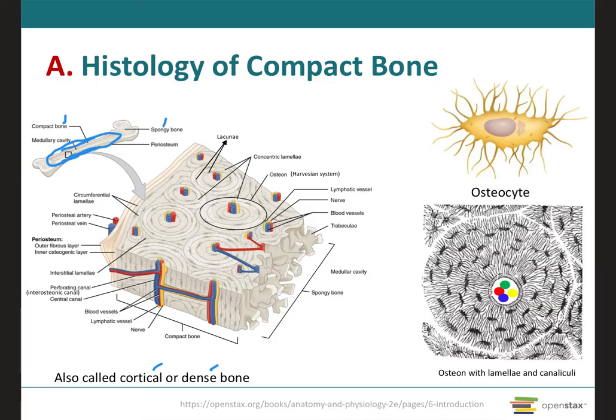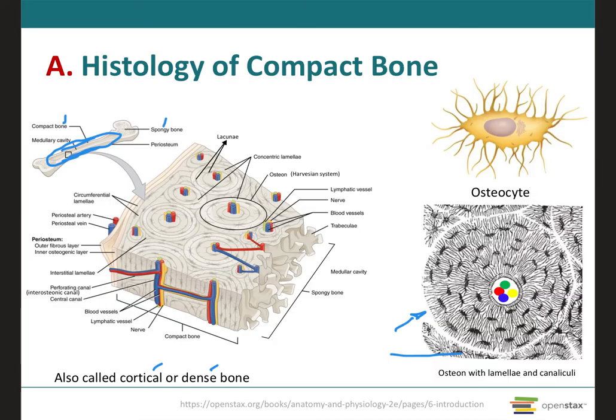However, when you analyze it microscopically, as we see over here, you notice how the compact bone is quite porous and it will contain several spaces or tunnels or canals. The function of compact bone is to provide protection, support, and also to resist the stresses that are produced by weight and movement.